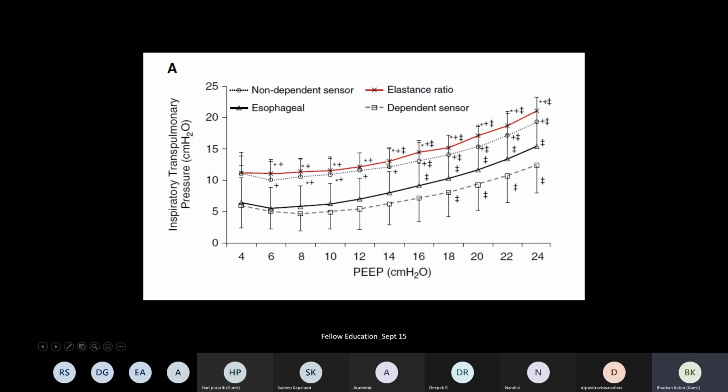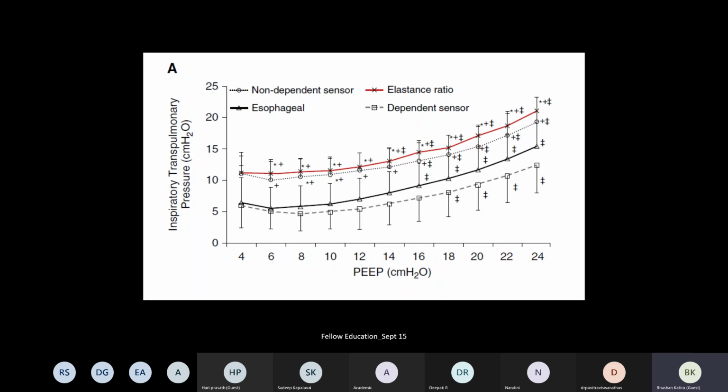The mathematics is like that. So with the use of esophageal balloon manometry, at least in the supine position, we can calculate the dependent and the non-dependent lung stress at the end of inspiration, which is fantastic.